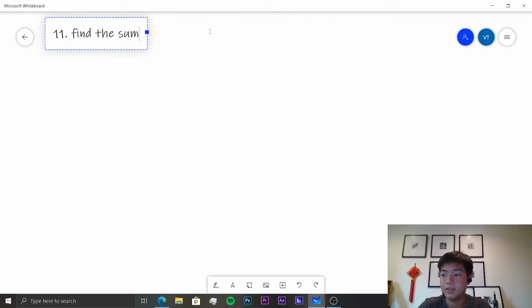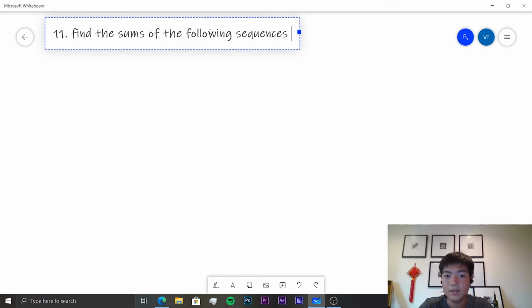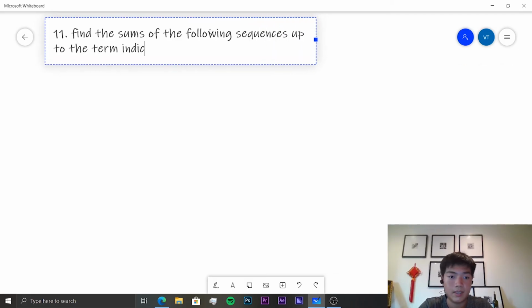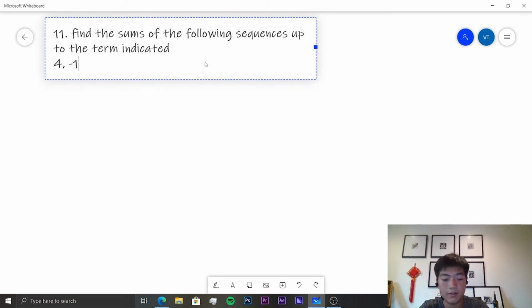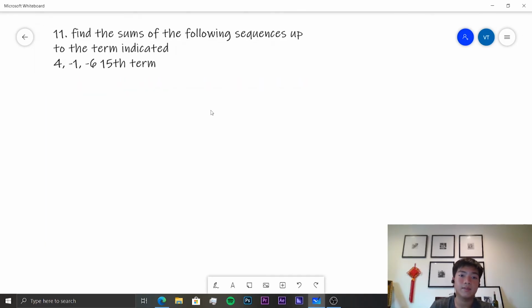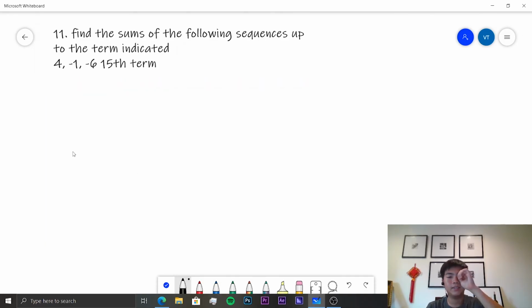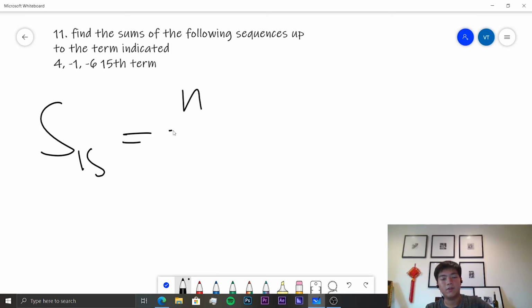Find the sums of the following sequences up to the term indicated. The first one is 4, -1, -6, and then the 15th term. This is where we want to be using the slightly different form of notation.